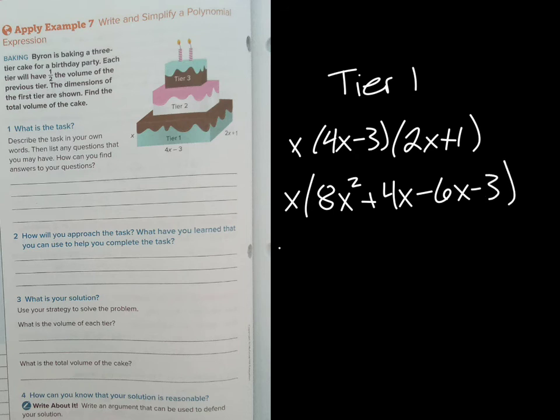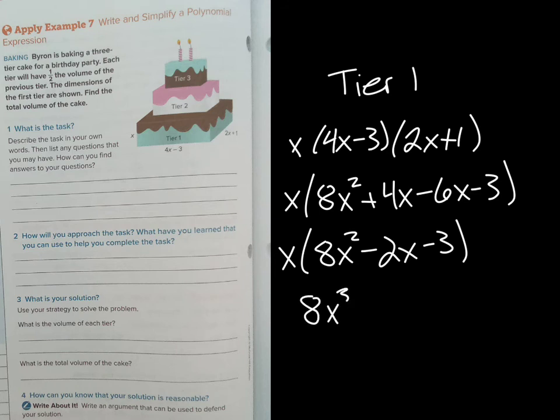Yeah, and let's combine like terms. So then it's really 8x squared minus 2x minus 3. And then we might as well finish it off, right? So then 8x cubed minus 2x squared minus 3x, that is the volume of tier 1.